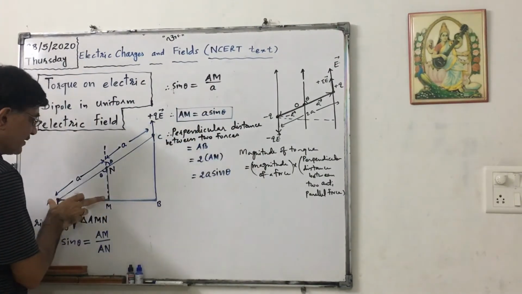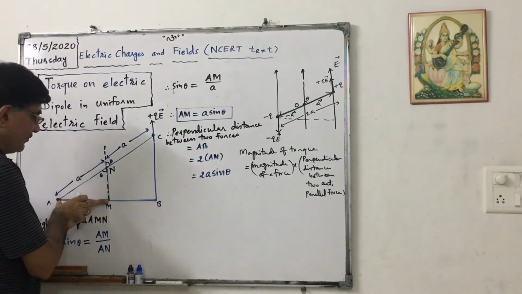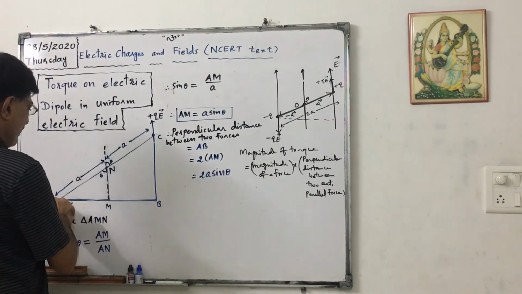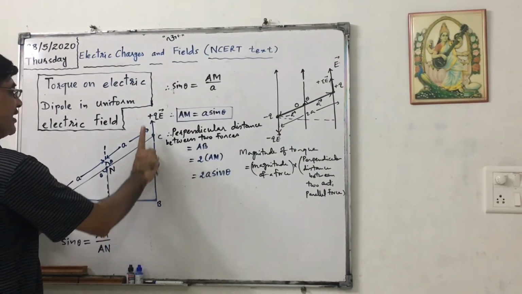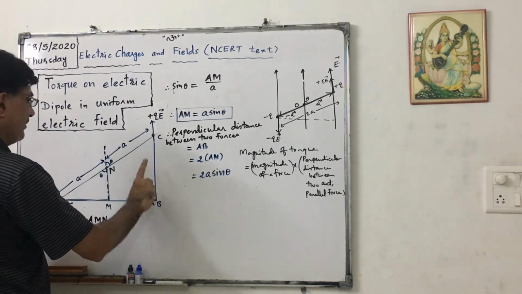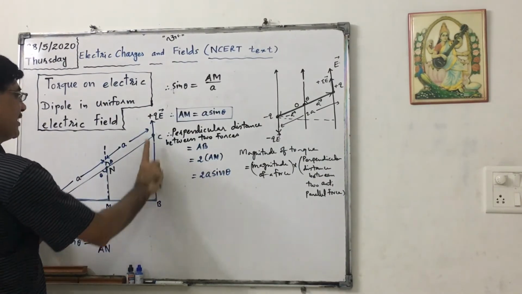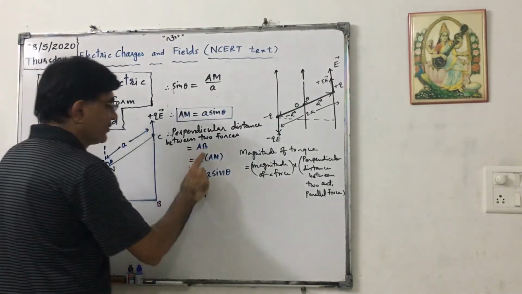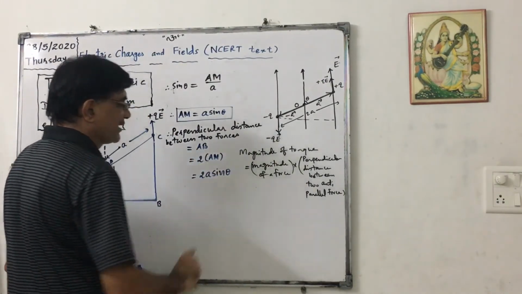So this distance is a sin theta, but we need this distance, that is the perpendicular distance between two anti-parallel forces. That is AB. So AB will be equal to 2AM, or say 2a sin theta.